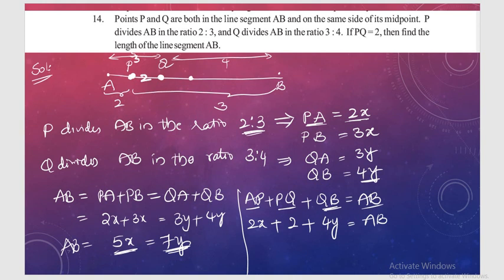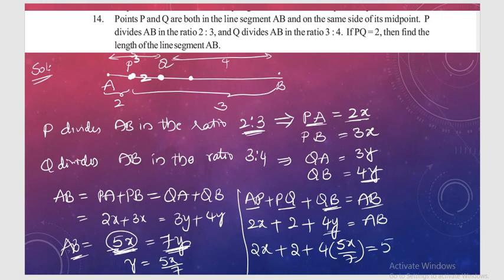So either you can change x as y or y as x. Writing in terms of x, 2x plus 2 plus 4 into y, where y is equal to 5x by 7, is equal to, instead of AB, I can write 5x, because AB is equal to 5x.